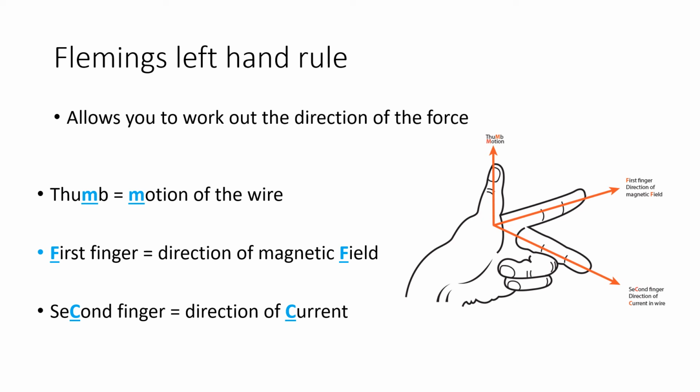The first finger has an F, which is for field, which is the direction of the magnetic field, and the second finger has a C for current. If you can come up with a better system, by all means come up with a better system, but this is a traditional one.